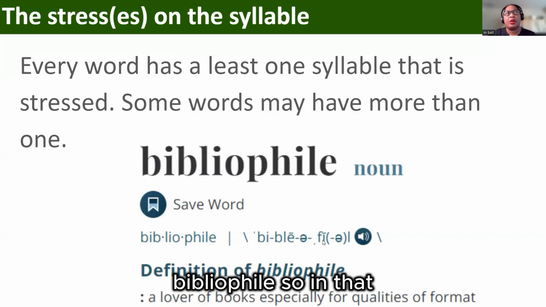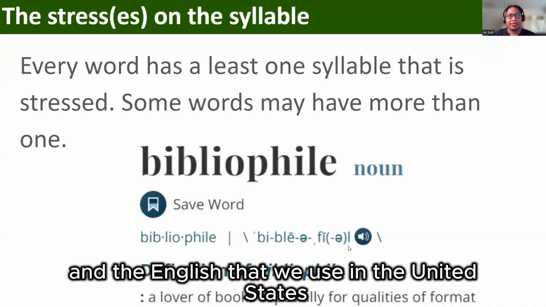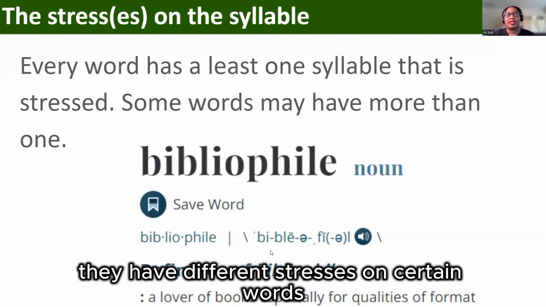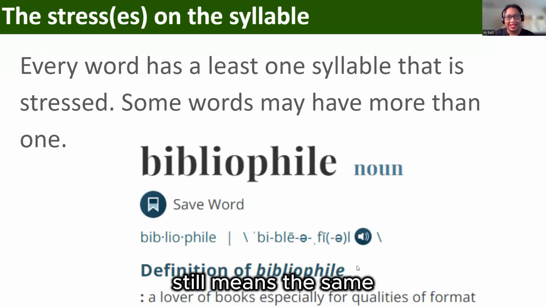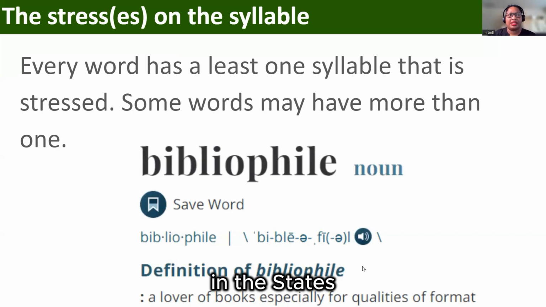Bibliophile. So in that, we learn how to pronounce the word properly in the English that we use in the United States. And as I mentioned earlier, in the UK, they have different stresses on certain words. That's the difference between the two. The word still means the same, but they stress it differently than we do here in the States.